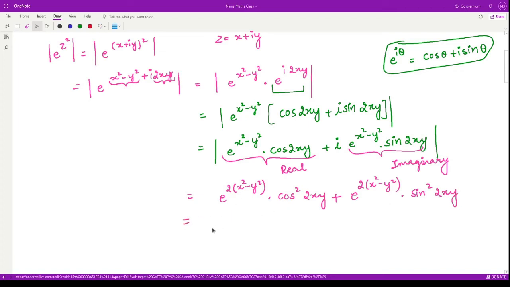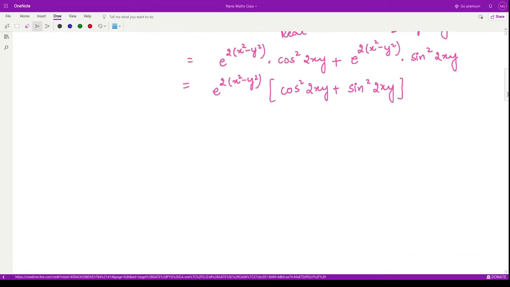So here we can take e to the power 2 times (x square minus y square) common. We would be left with cos square 2xy plus sine square 2xy. Because the angles over here are the same, equal to 2xy, this thing is 1. So we are only left with e to the power 2 times (x square minus y square).